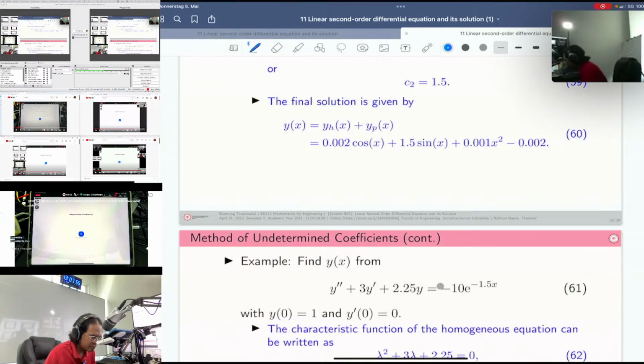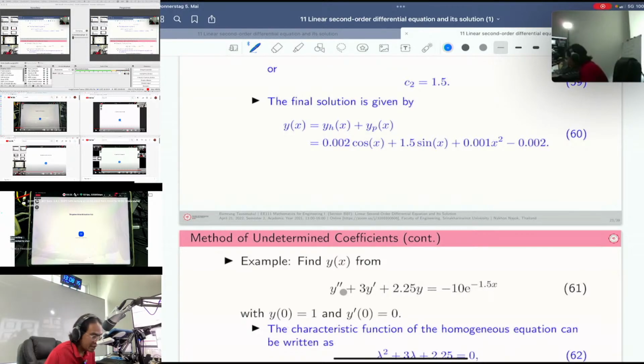And on the right hand side, we don't have 0. It is the term, and we would say this is the non-homogeneous case for the linear ordinary differential equation, right?